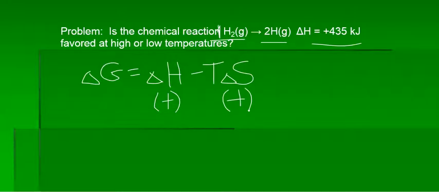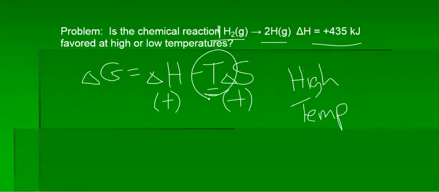And so H is positive, S is positive, so the sign of G is going to depend on temperature. G will be negative, spontaneous, at high temperatures. And this is case number 3. So delta G will be negative if I have a large value for temperature.